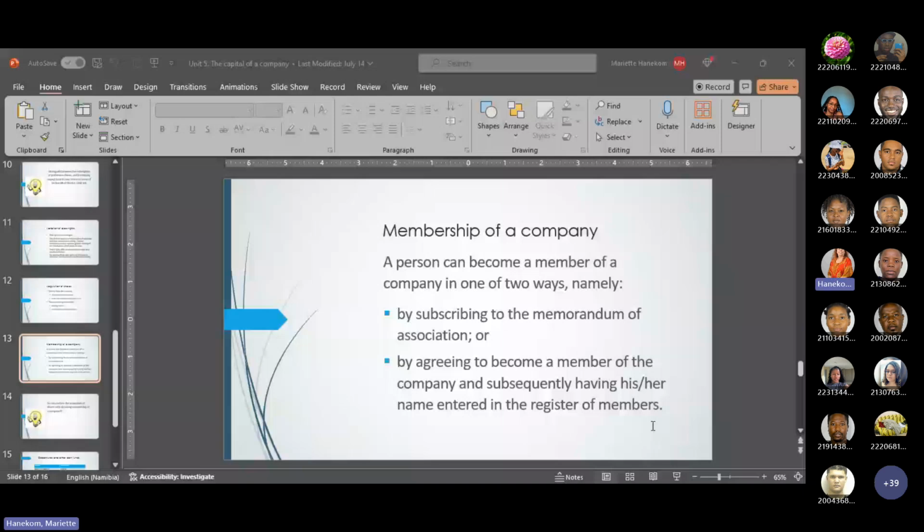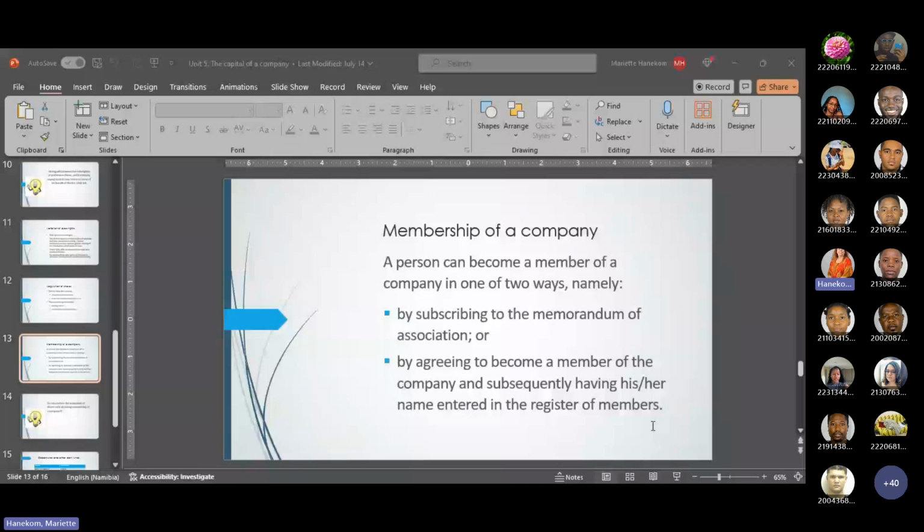So if I'm a shareholder and you buy my shares from me, I transfer my shares to you. You become a shareholder and a member, and I stop being a shareholder and I stop being a member. I cannot be a member of a company with a share capital without having shares.